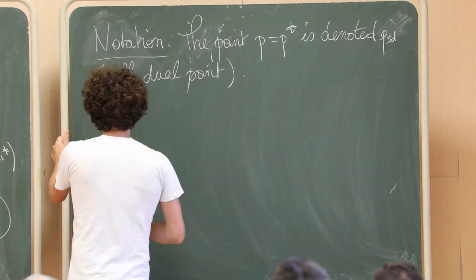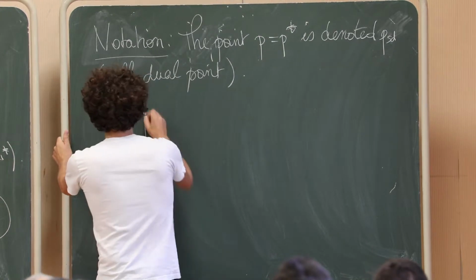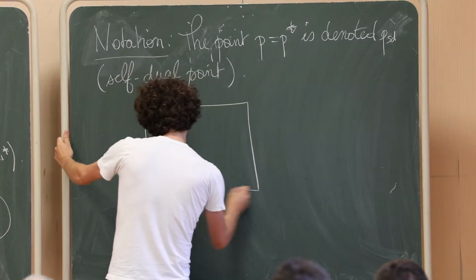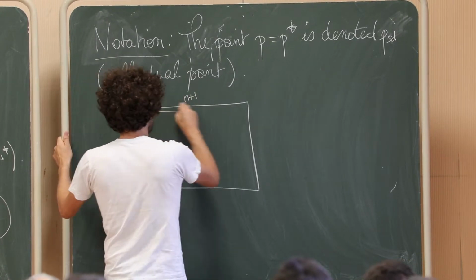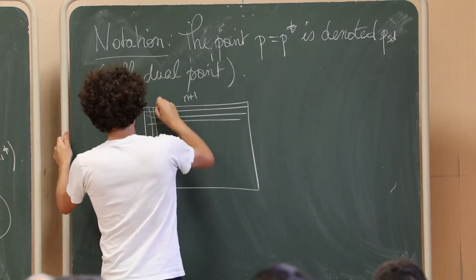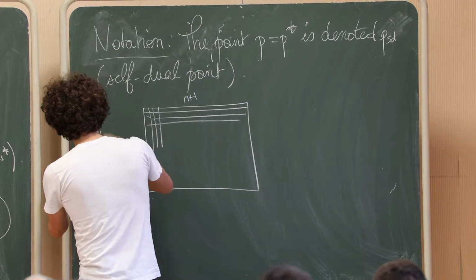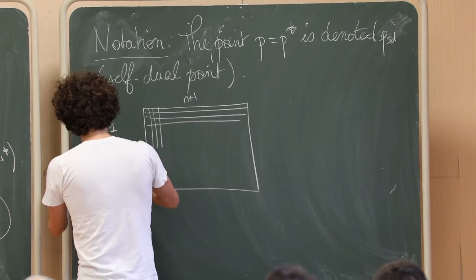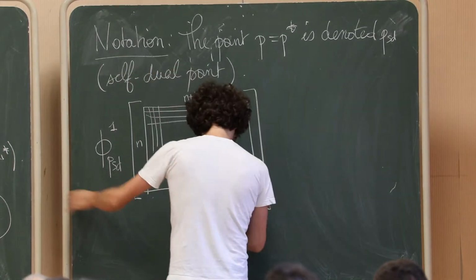And an observation is, what happens if I take a box of size n times n plus 1, etc., and I look at phi 1 p self-dual of this event.